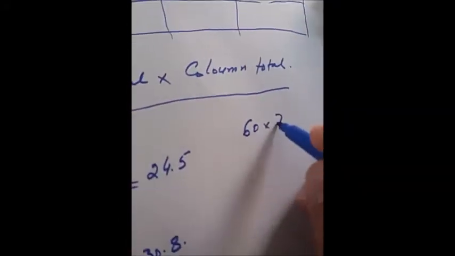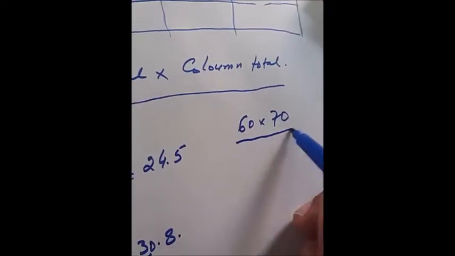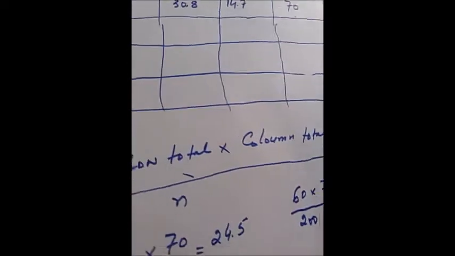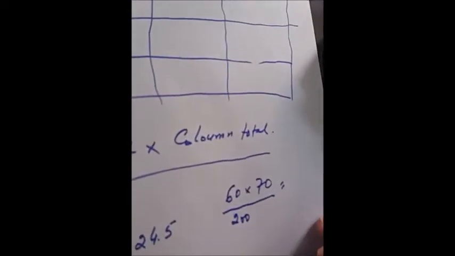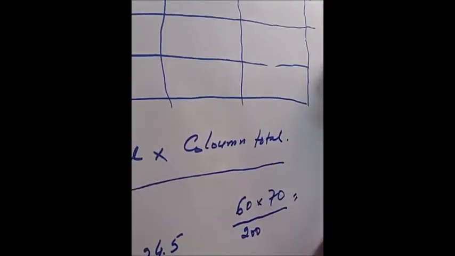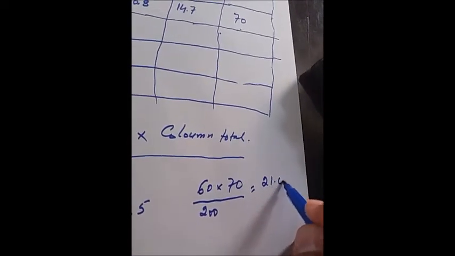Multiply 70 divided by 200. So 60 multiply 70 divided by 200 is equal to 21.0. Now 21.0 we have added in SOF expected column.